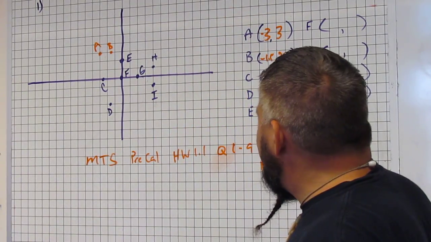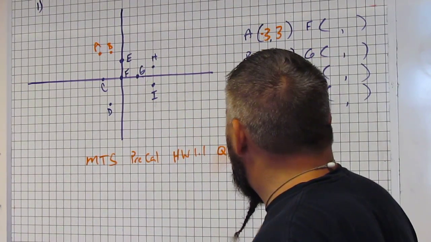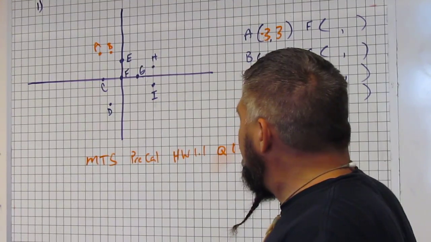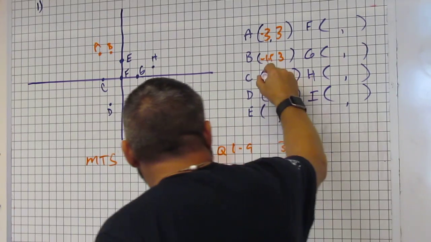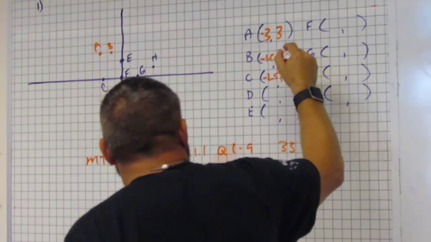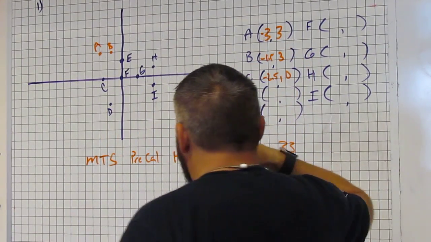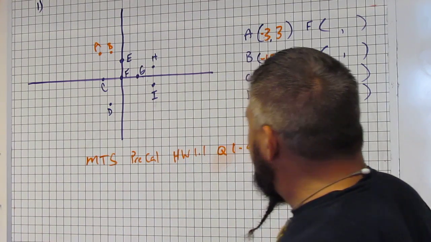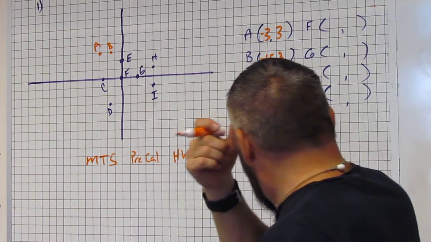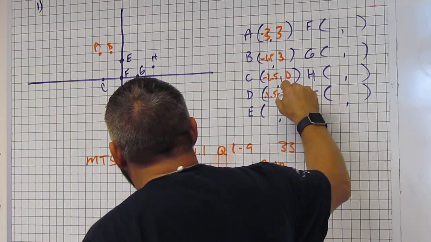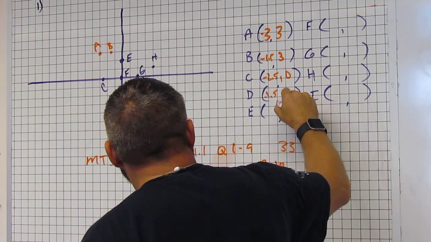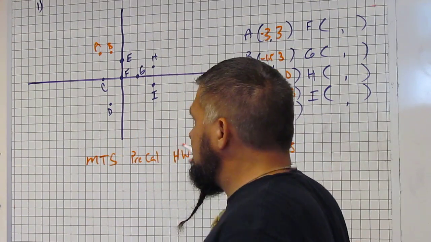Okay? What's C? -2.5 and 0. D. -1.5 and -3. Is that correct?